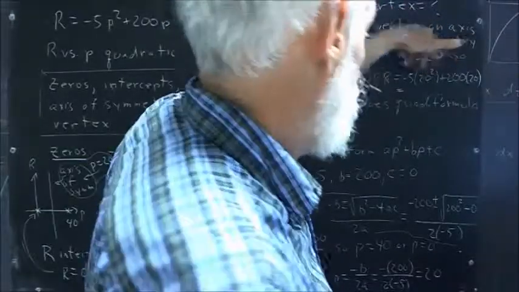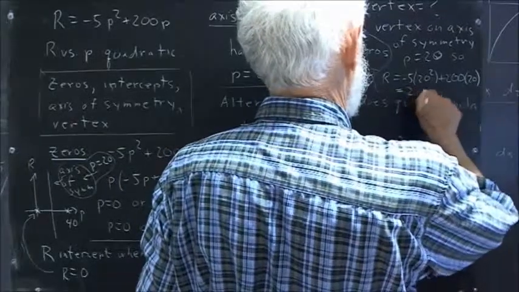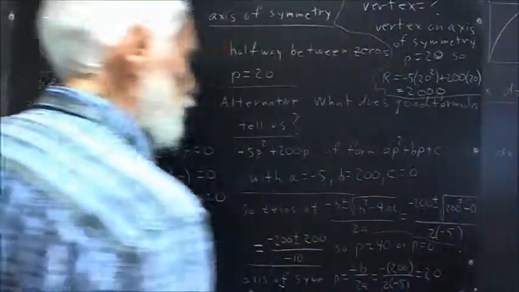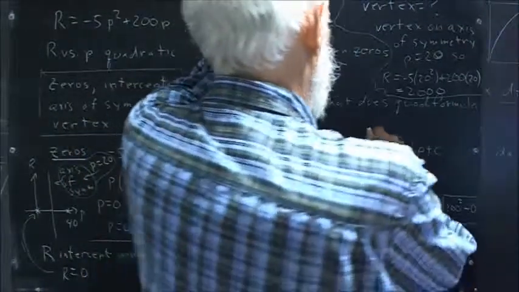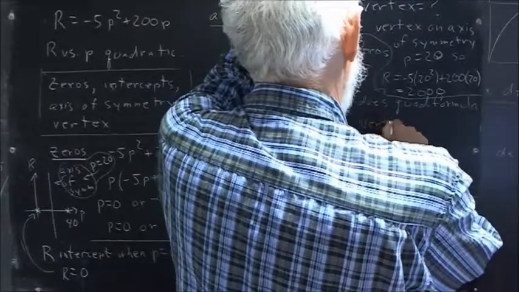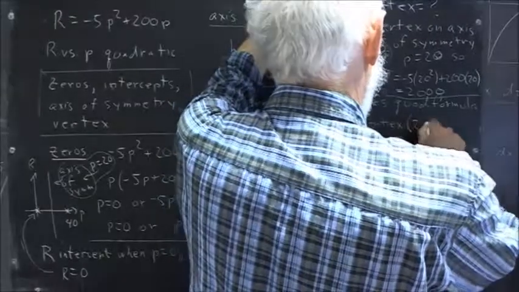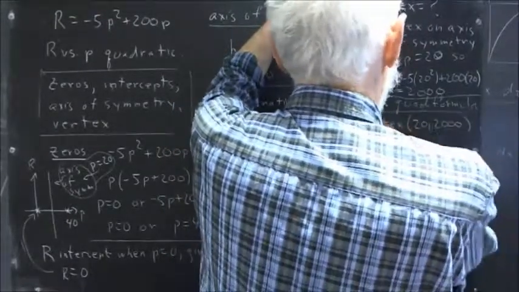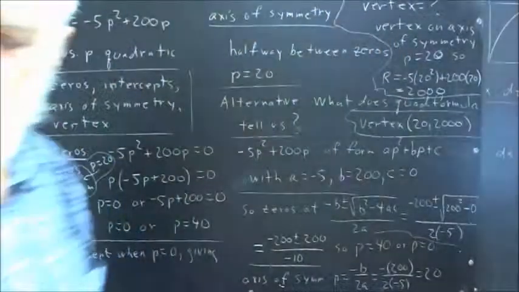That's negative. 4,000 minus 2,000 is 2,000. Hopefully you saw that before I did. So now our vertex is at 2,000. And that also agrees with everything that we've conjectured up to this point.